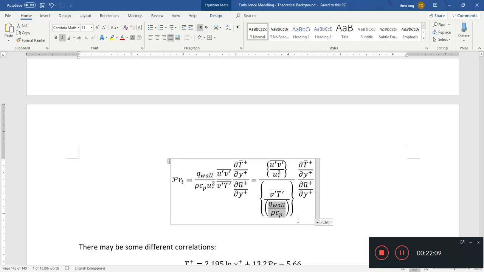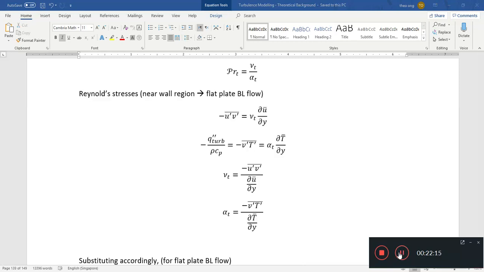I mean the heat flux at the wall divided by rho and Cp, which is in the same units. This quantity pops up again, and these units are consistent, so it should give you the right units.